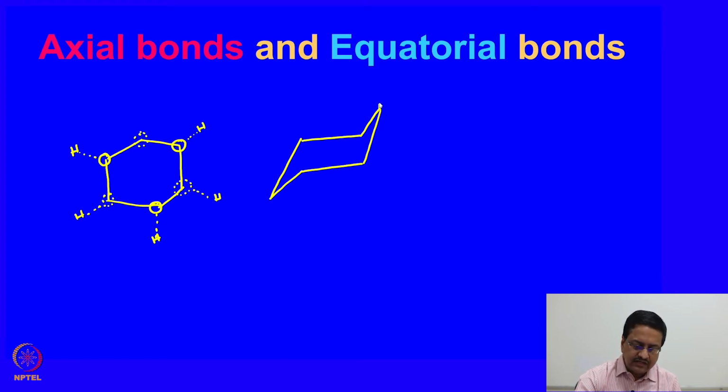The bonds which are up are the axial bonds, which are like that are axial bonds. The down ones, and the other bonds which are like this or that, are called the equatorial bonds.